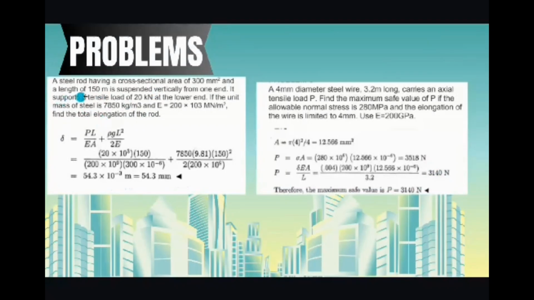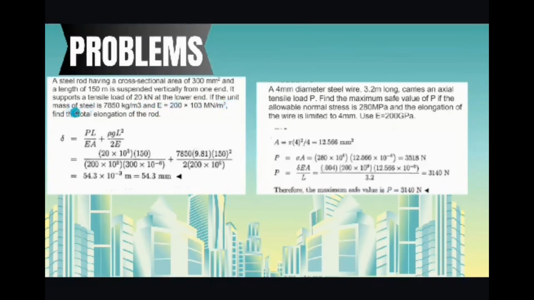Problem number 1. A steel rod having a cross-sectional area of 300 millimeter squared and a length of 150 meters is suspended vertically from one end. It supports a tensile load of 20 kilonewton at the lower end.